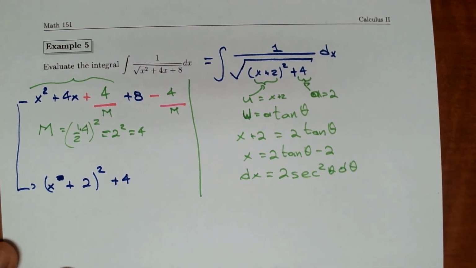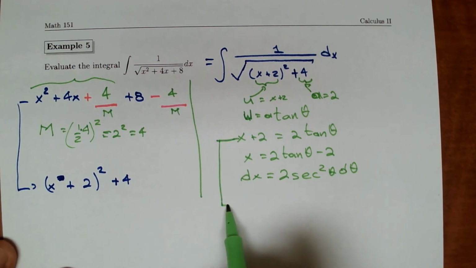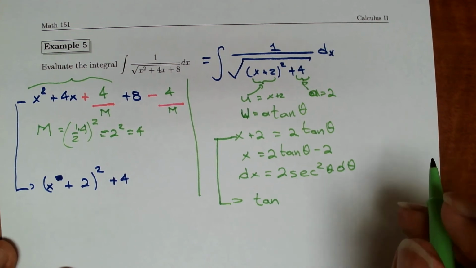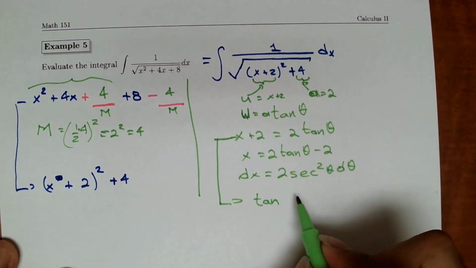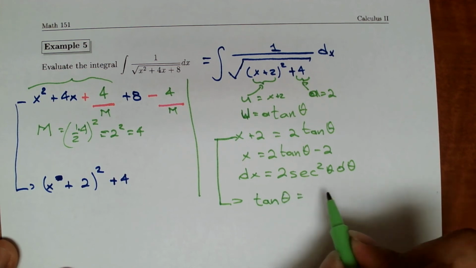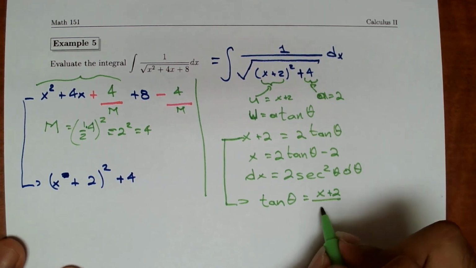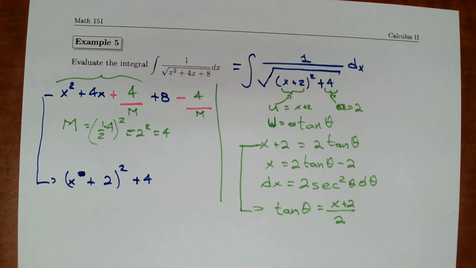And in this case, to build a triangle, solve for the tangent function. Tangent equals x plus 2 over 2. Okay, now let's see what we get.